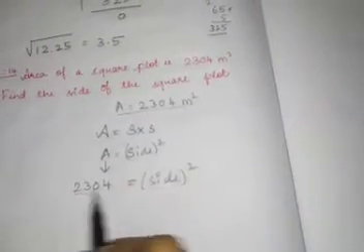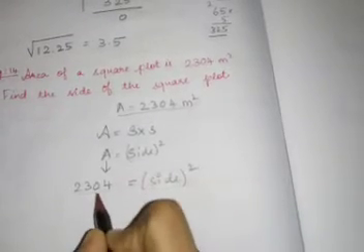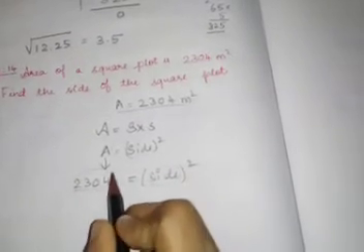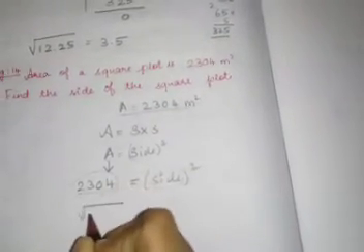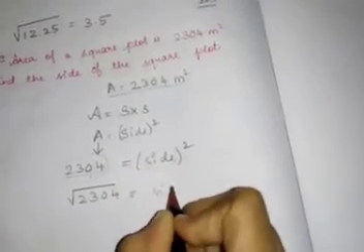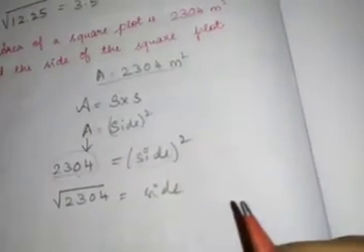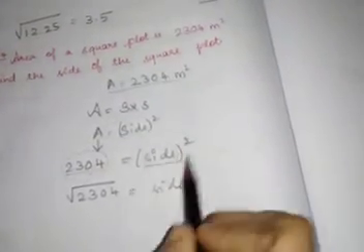So listen, side square value is this number. So actually this number is a square number. If you find the square root of this 2304, you will get this side, right? Because side square is nothing but a square number.